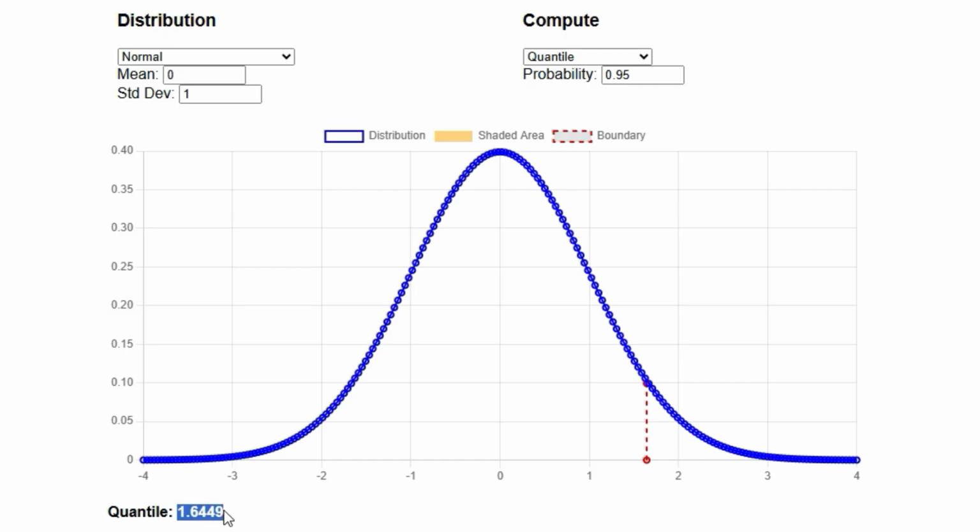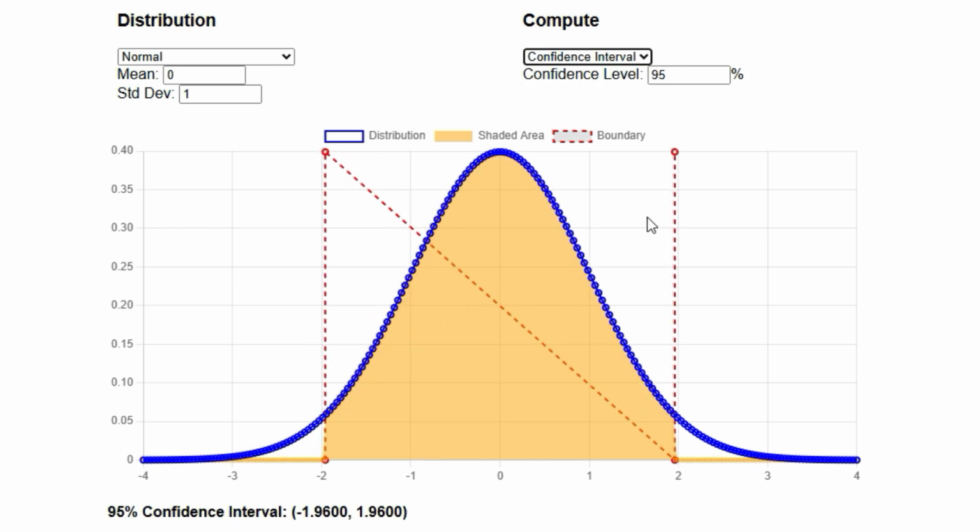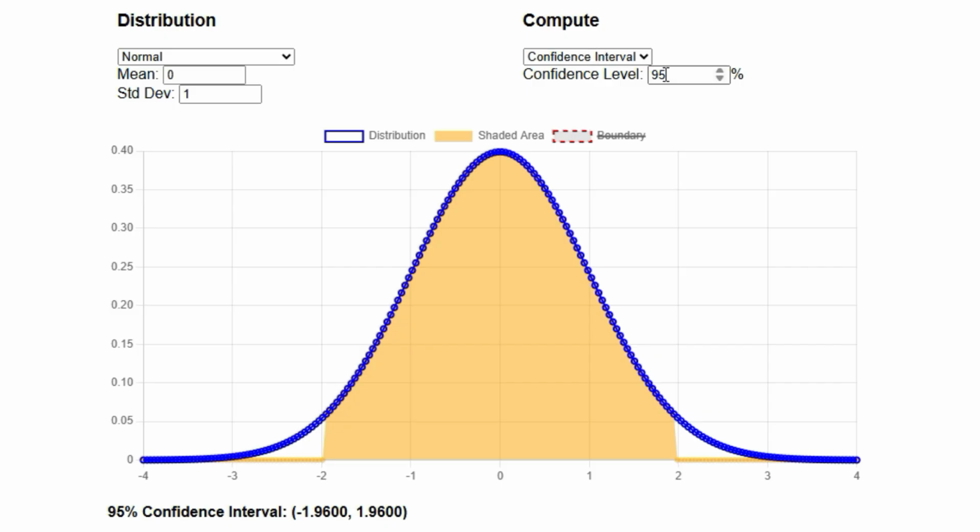That value is 1.645. Similarly, I can find confidence intervals from any normal distribution by selecting this confidence interval option and specifying my confidence level. For a 95% confidence interval, that's going to be the traditional negative 1.96 and positive 1.96.